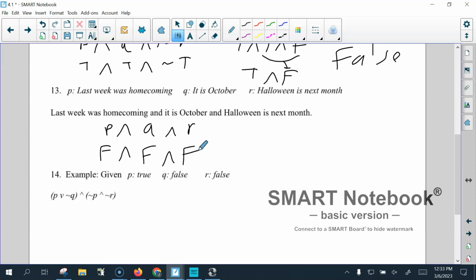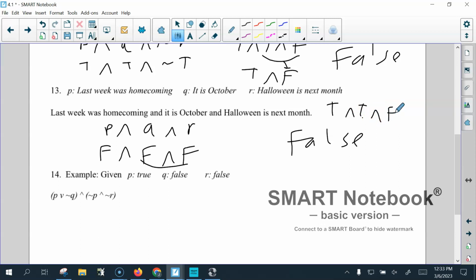Since we're dealing with a bunch of ands, we can save time and see that this is definitely going to end up being a falsehood. Because if we break this one down to be false, then that and that would be false. Now, you don't have to write this down, but if this was first semester, then last week was homecoming would be true, and it is October, and Halloween is next month.